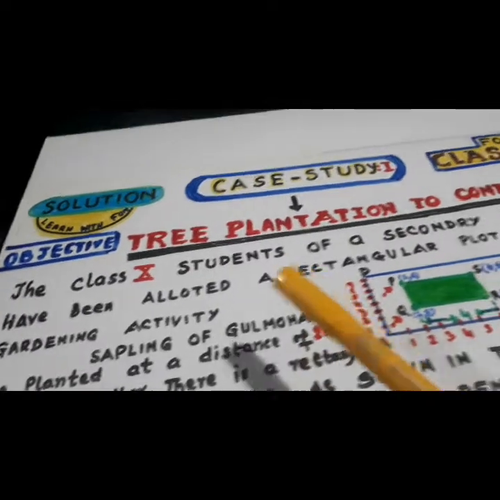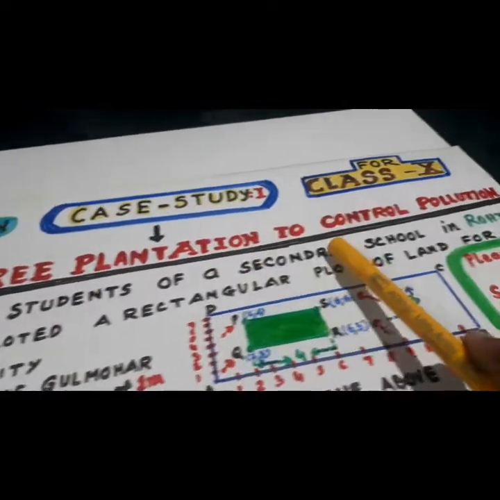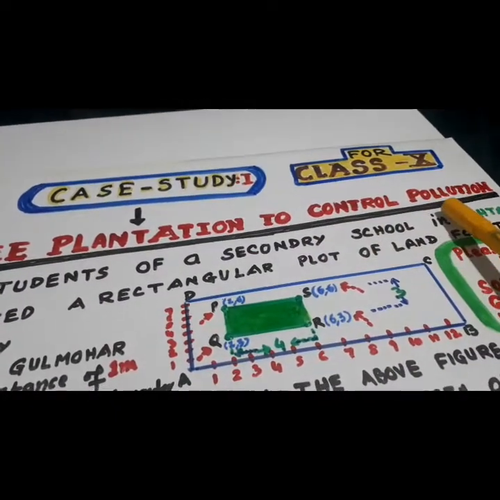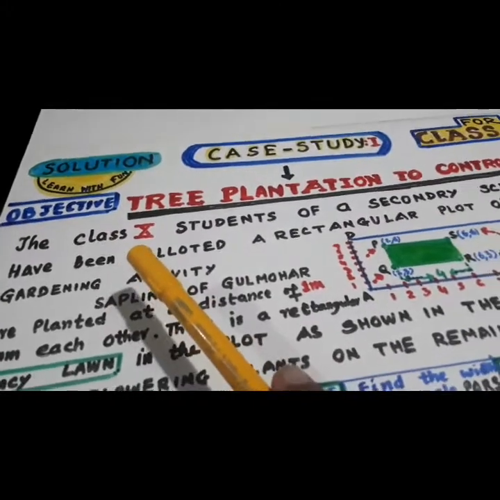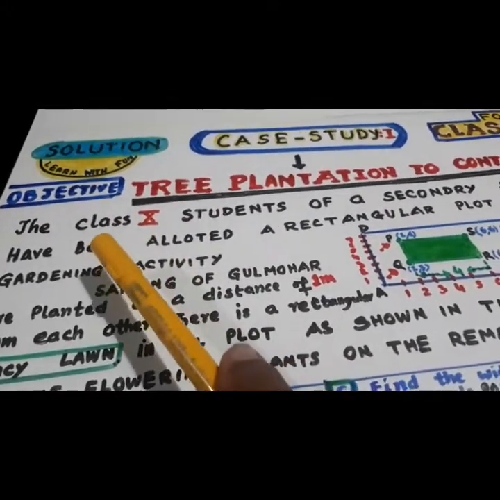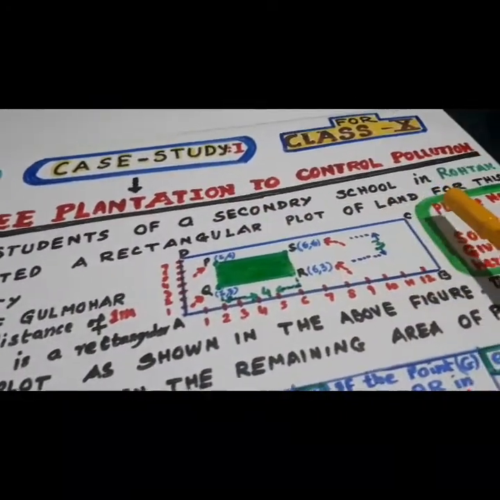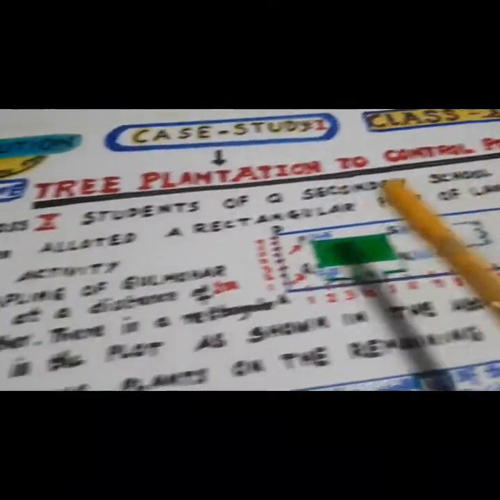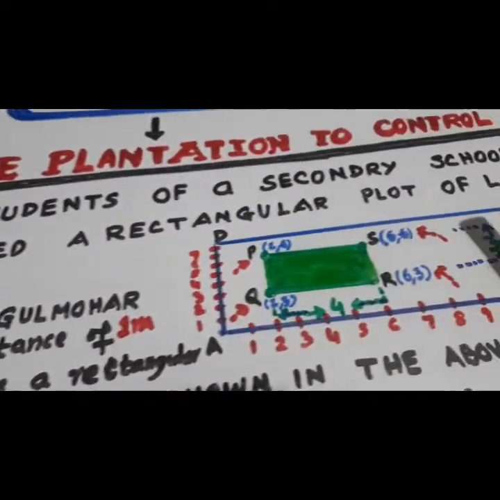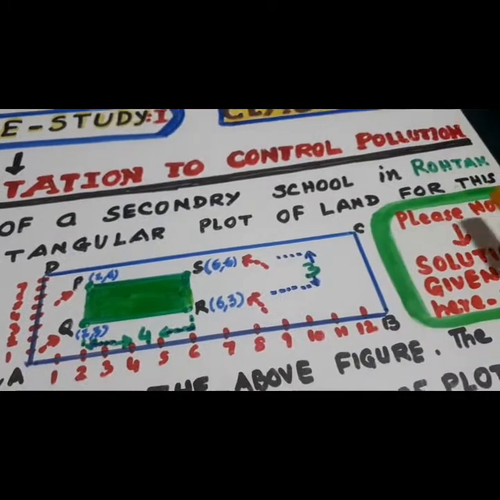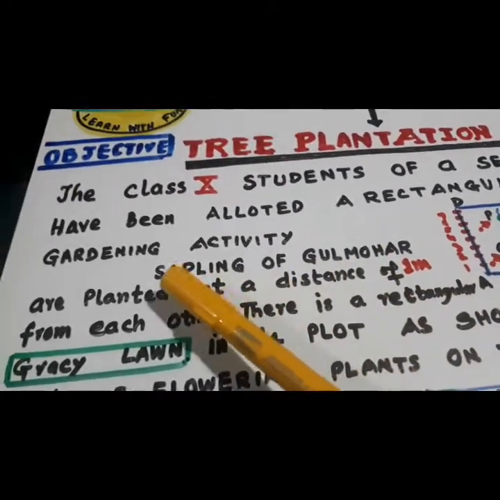Now, this is a case study: Tree plantation to control pollution. This is the objective. The case is that the class 10th students of a secondary school in Rohtak have been allotted a rectangular plot of land for this gardening activity.